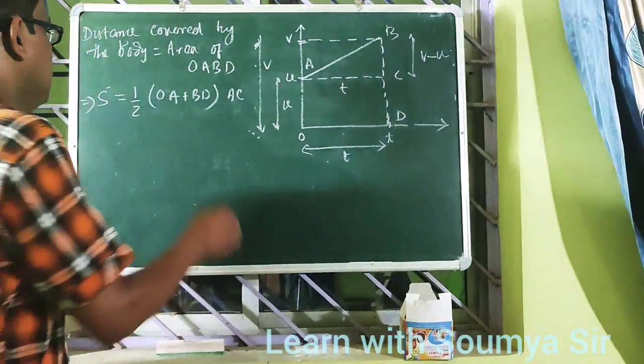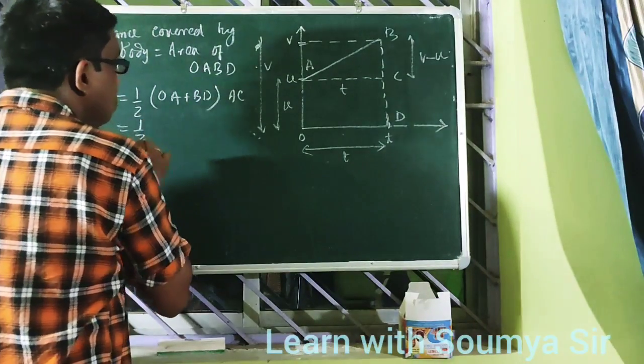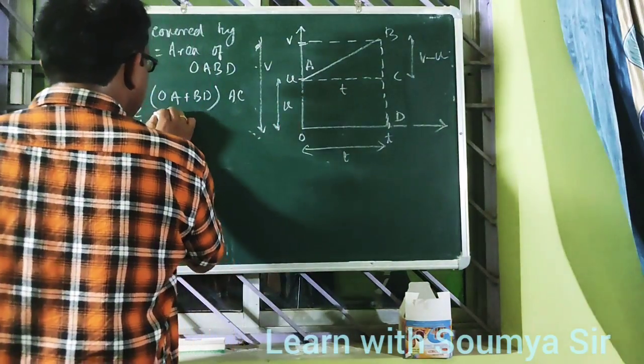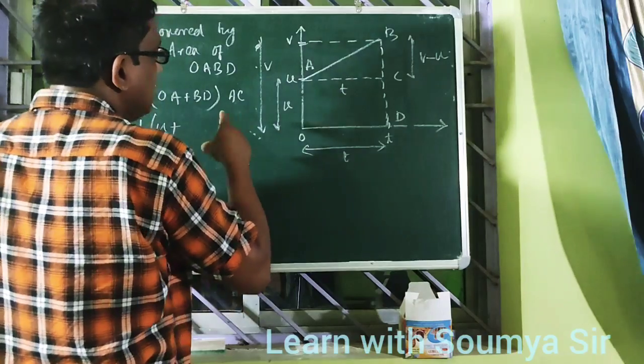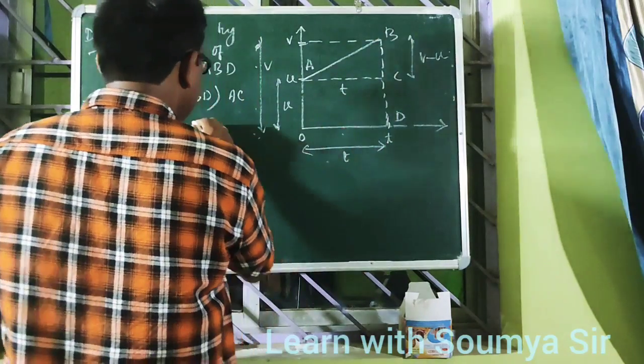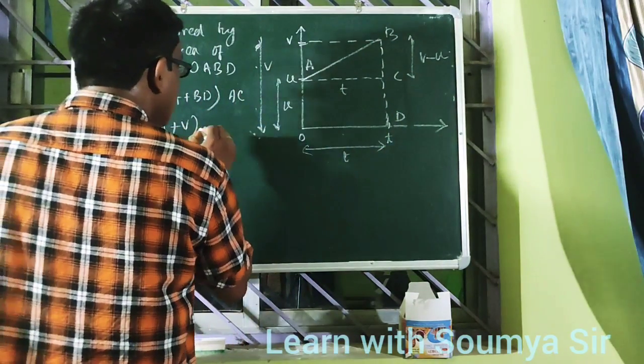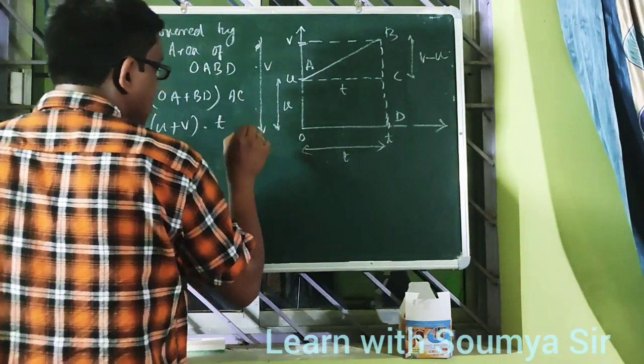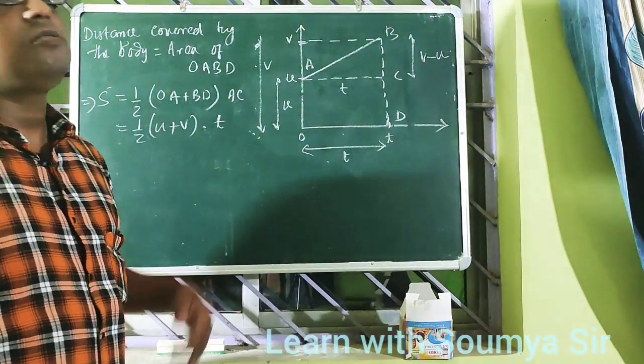Now put the values. It is equal to half into OA, u, plus BD, BD is v, into AC is t, so u plus v into t.